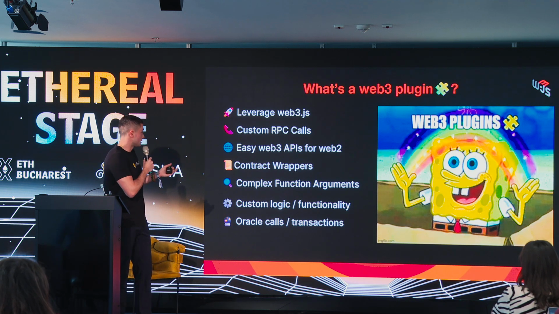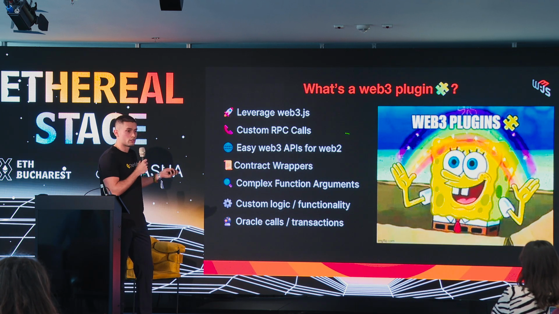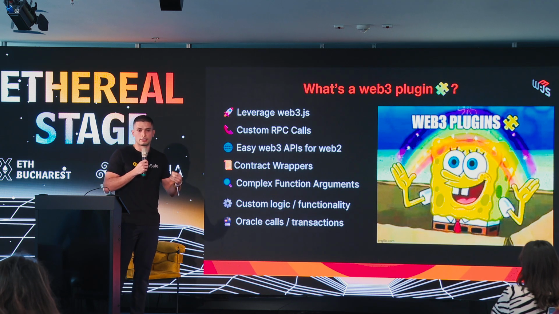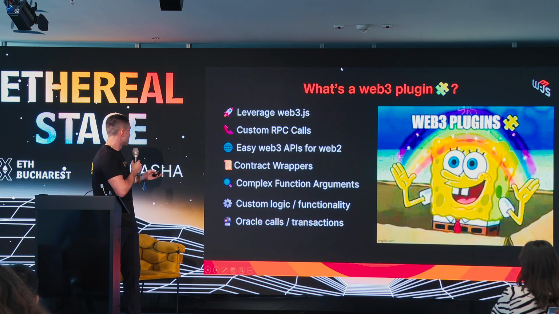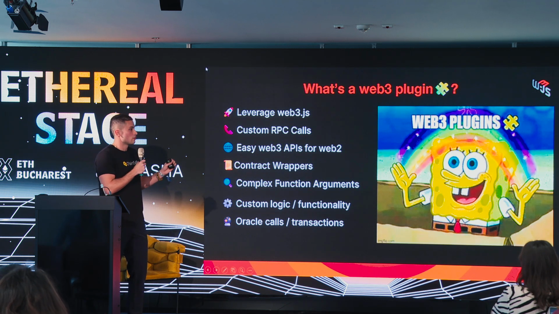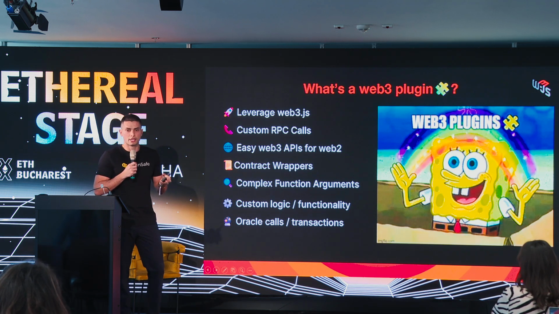Some of the use cases that we found so far are custom RPC calls. This is really useful for any layer 1s or layer 2s in the industry, not only Ethereum. Then we also have easy Web3 APIs for Web2.